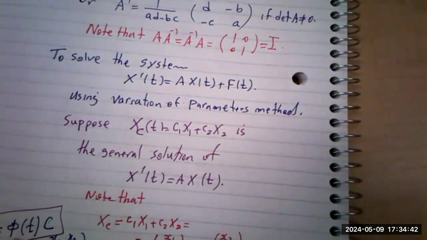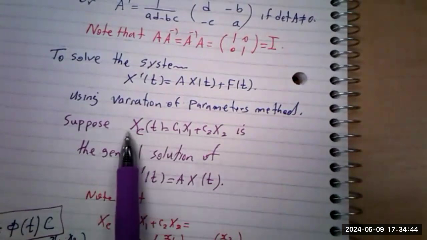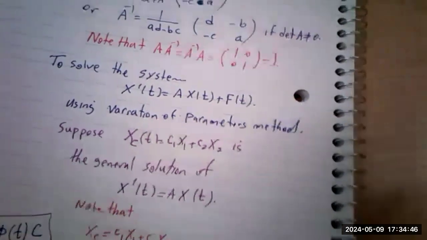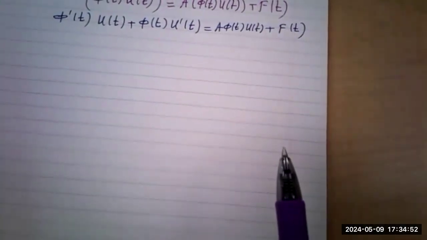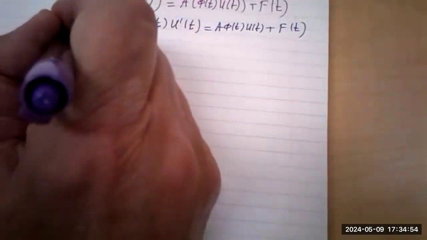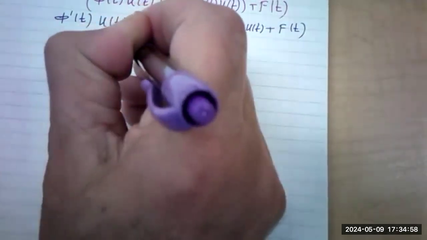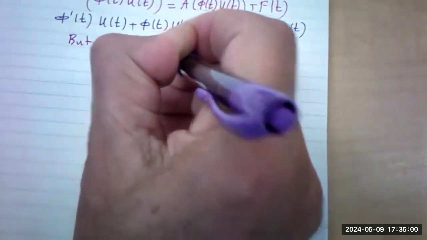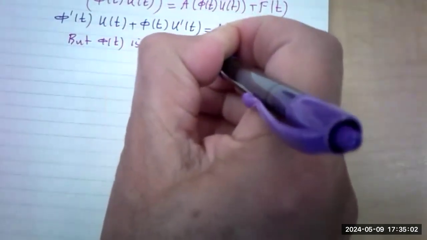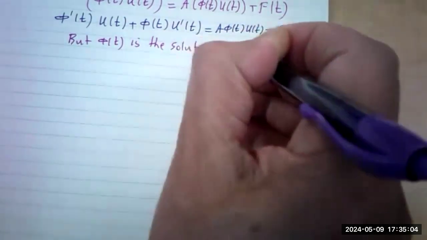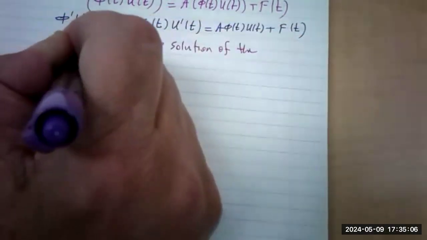So if x of t is going to be phi of t, it must satisfy these conditions that we have. So phi of t is the solution of the homogeneous system, if you like.